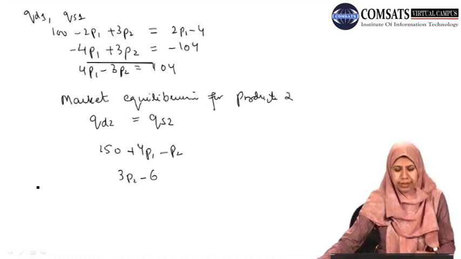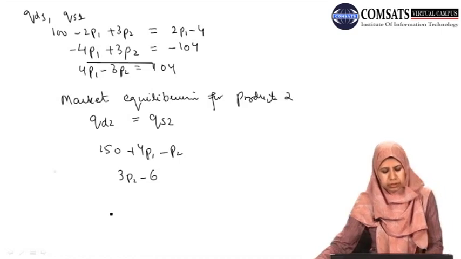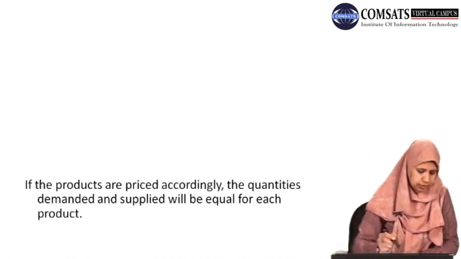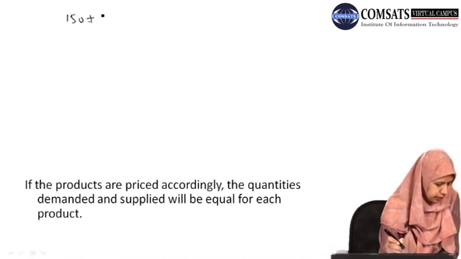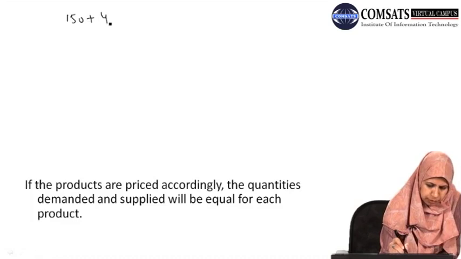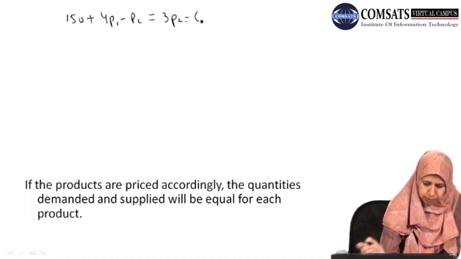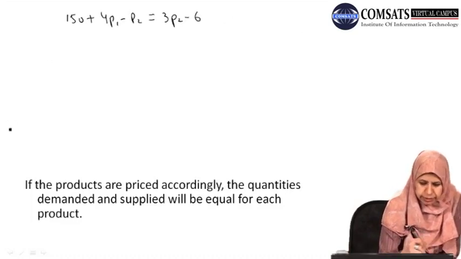In order to find the market equilibrium, these two linear functions should be equal, that is, 150 plus 4P1 minus P2 equals 3P2 minus 6.